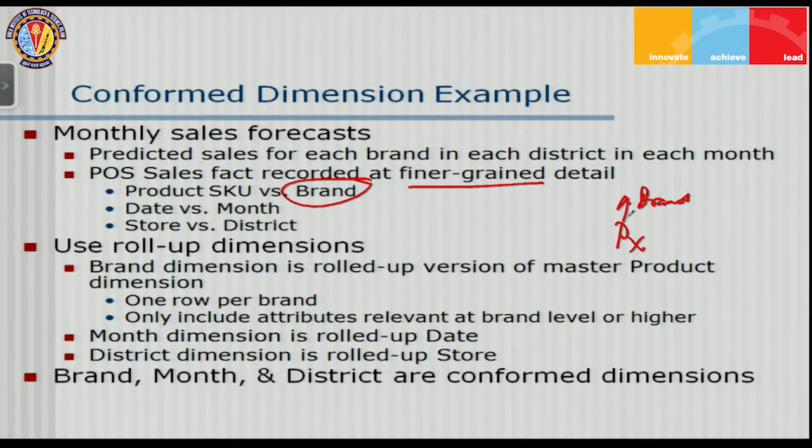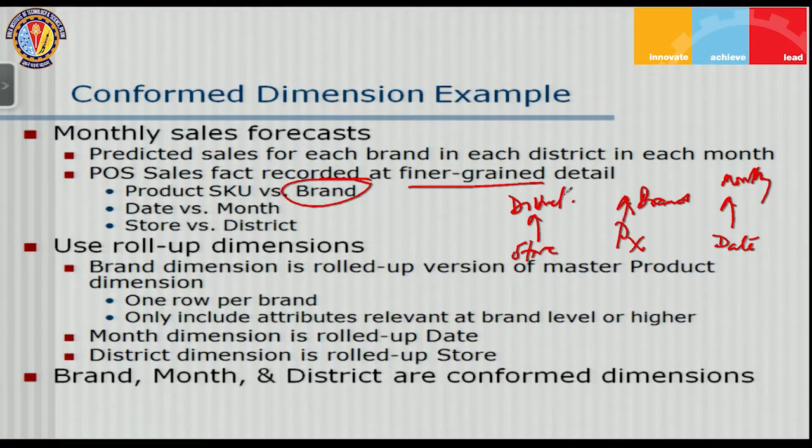I don't want to work at the product level, I want to work at the brand level. Similarly, in the time dimension, I don't want to work at daily granularity, I want to work at monthly granularity. And similarly, I don't want to work at the store level, I want to combine all stores in a particular district and do an analysis with respect to district. So we use roll-up dimensions, which is one of the types of conformed dimensions.